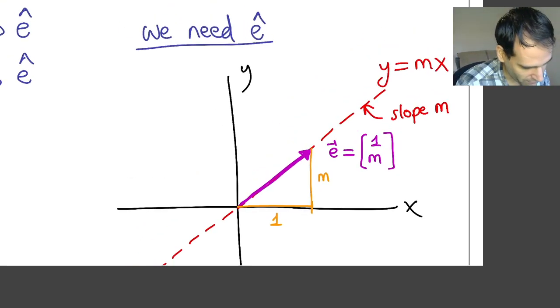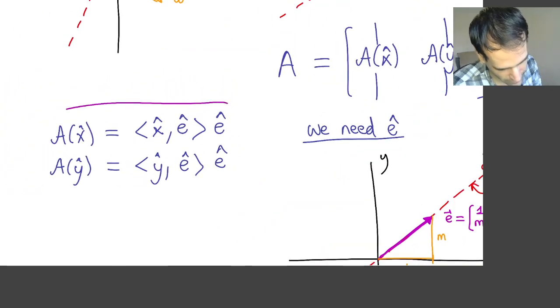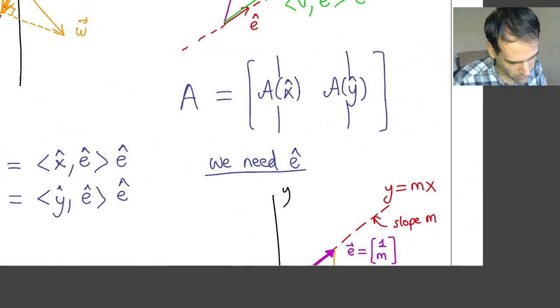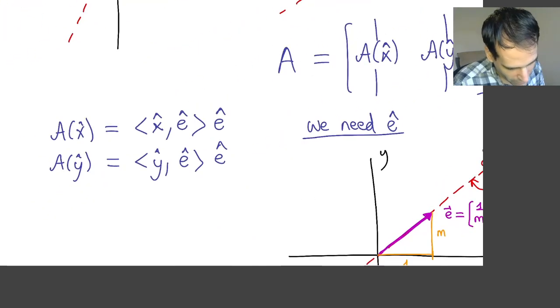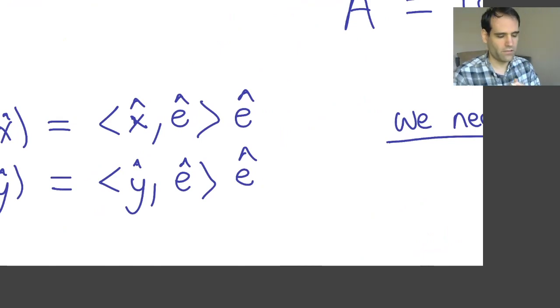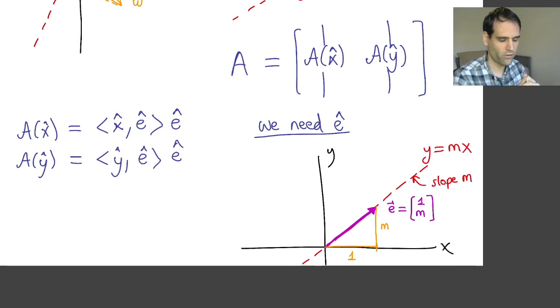Are we done? Can we substitute e into these two equations for x hat and y hat, and then substitute the results into the two columns? Not quite, because we want a unit vector, e hat, for this recipe to work. Remember, this recipe worked only when the vector was an orthonormal basis.